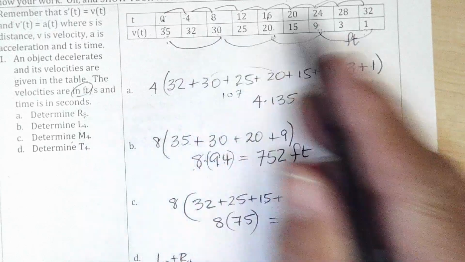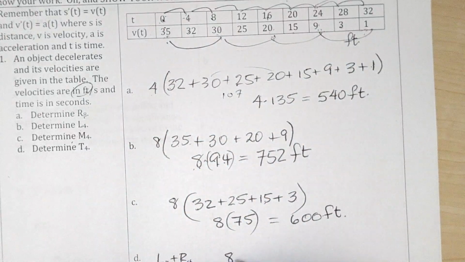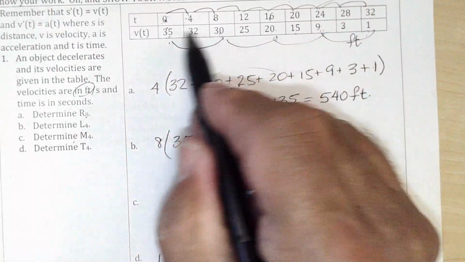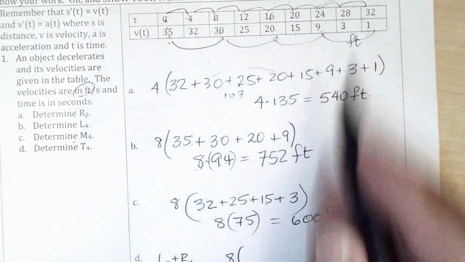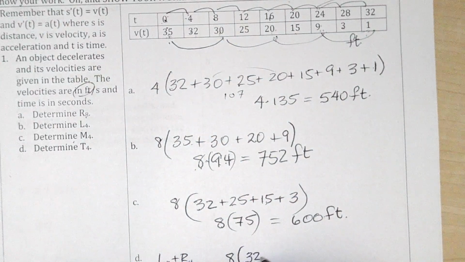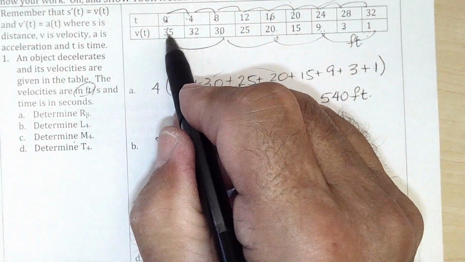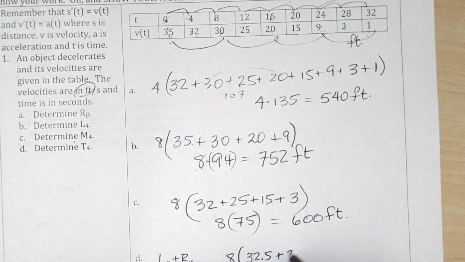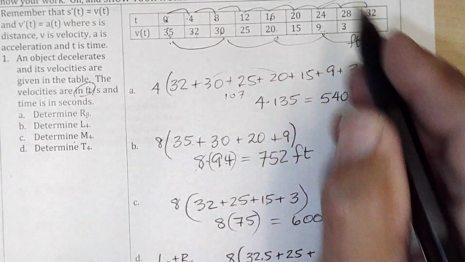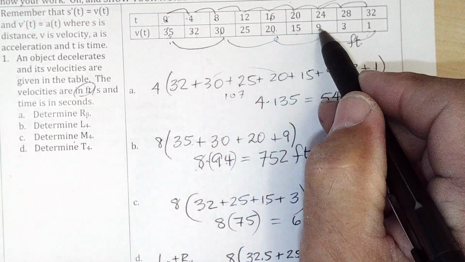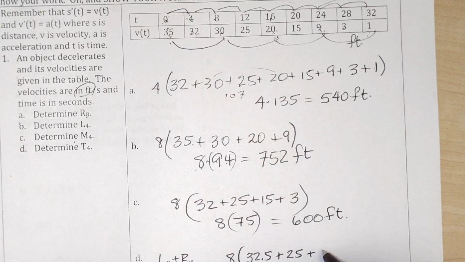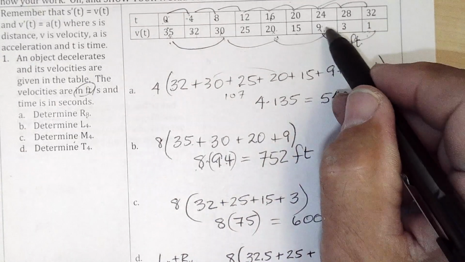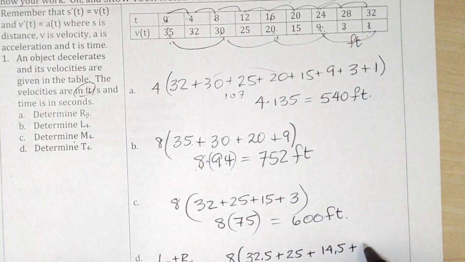So they're 8 wide, and the average of 35 and 30 is 32 and a half. Nope, excuse me. Average of 35 and 30. Yeah, 32 and a half. The average of 30 and 20 is 25. The average of 29 and a half is 14 and a half. And the average of 9 and 1, 10 divided by 2 is 5.